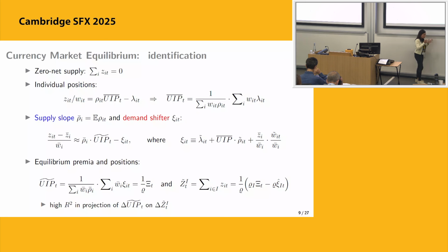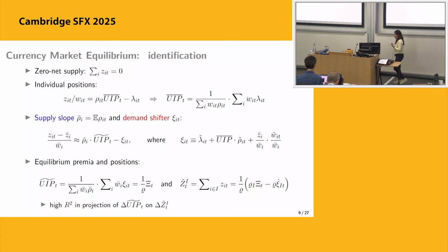And if we look at a certain set of agents, call them I, this agent I's position will be a linear function of the demand shocks to the whole market, net of its own demand.